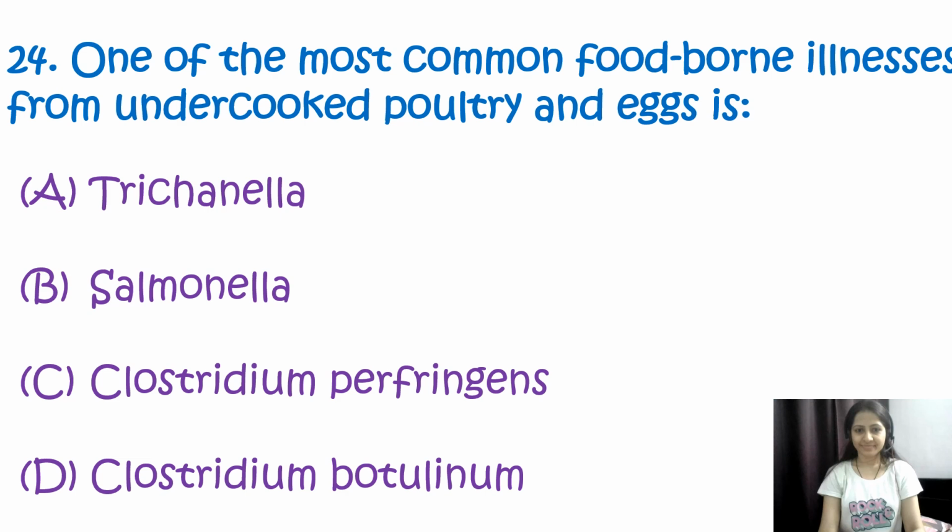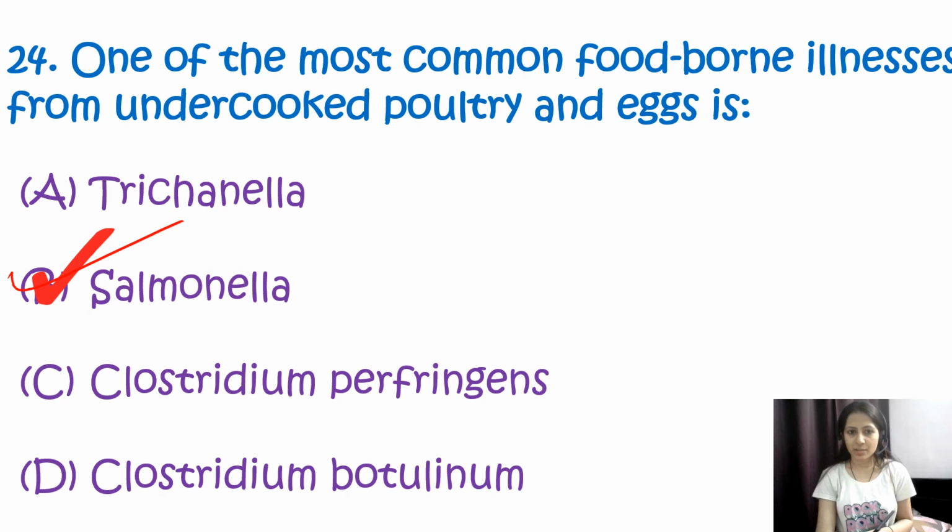Next. One of the most common foodborne illnesses from undercooked poultry and eggs is, so options are Trichinella, Salmonella, Clostridium perfringens, or Clostridium botulinum. So correct option is B, that is Salmonella. Salmonella is a bacteria which is commonly found in raw or undercooked poultry, eggs, or egg products.